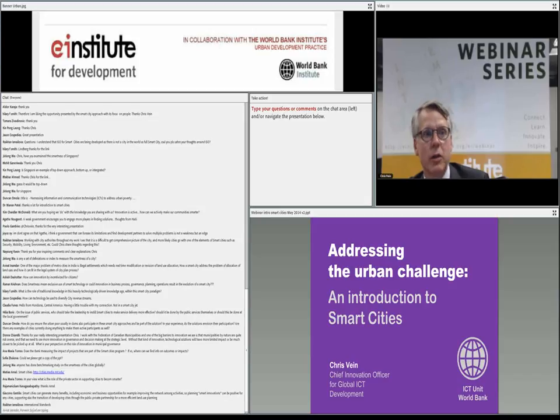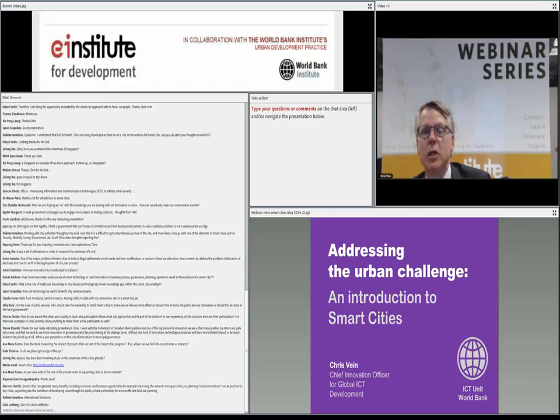International operating standards? Okay, if I'm reading and understanding that correctly, I absolutely agree that there is a need for standardization in approaches to using technology in a smart city context.